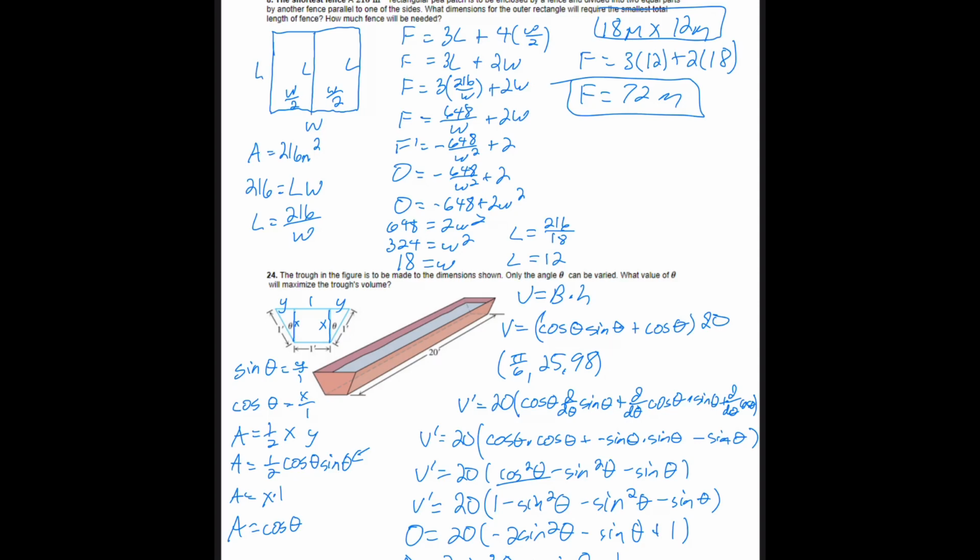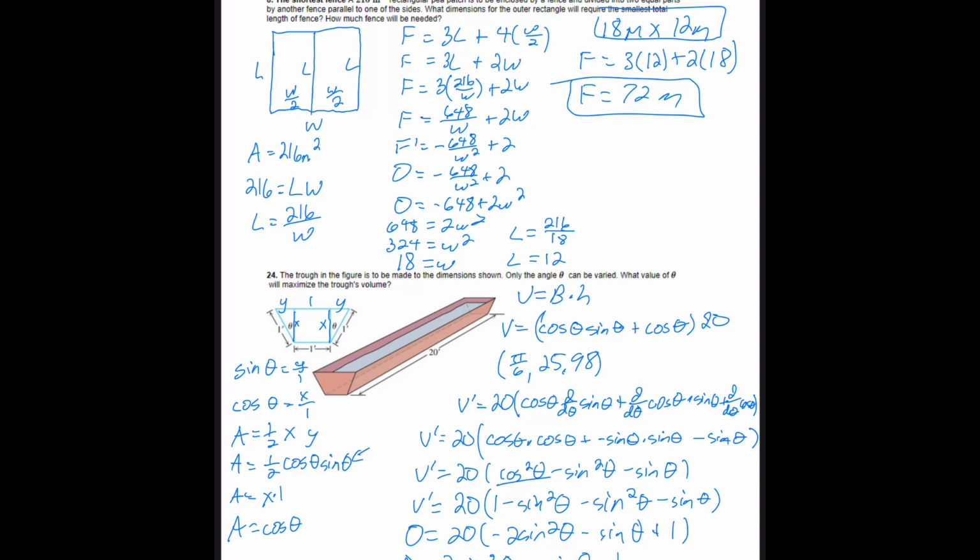So that's negative 1 plus or minus the square root of 9 over 4. So that's negative 1 plus or minus 3 over 4.